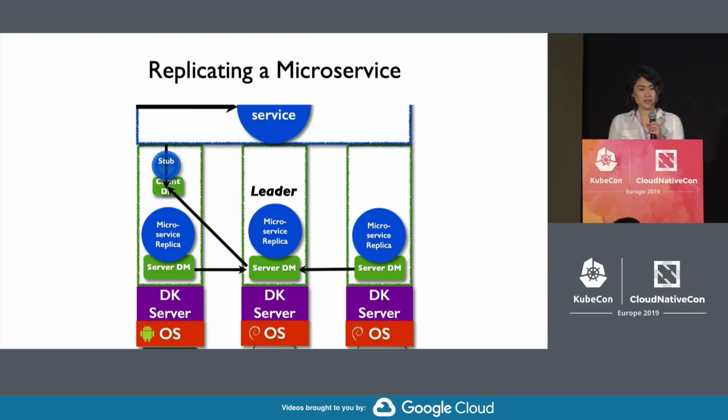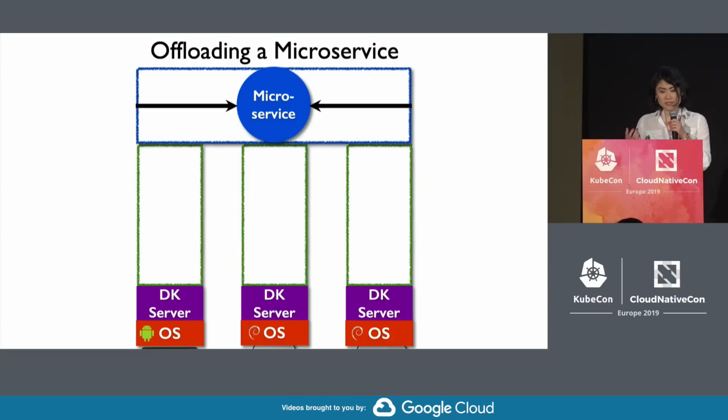And so in this way, by interposing on the RPC to the microservice, we're able to transparently provide replication, essentially state machine replication, without having to actually write that explicit code into the application itself.